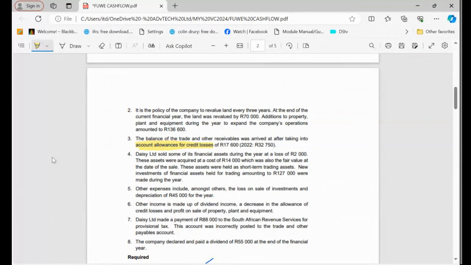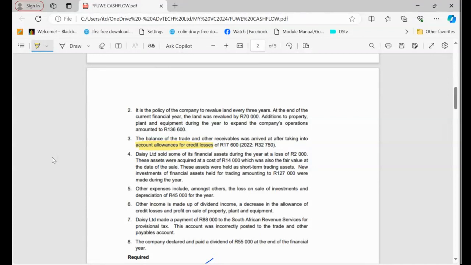Let me ask you something. Let's say you take money, you put it aside for allowances for credit losses. You take it from your bank and you put it aside. Do you think it is a good thing for the business to take money from the business for credit losses? Okay, I know it's a good thing, but what is the impact?